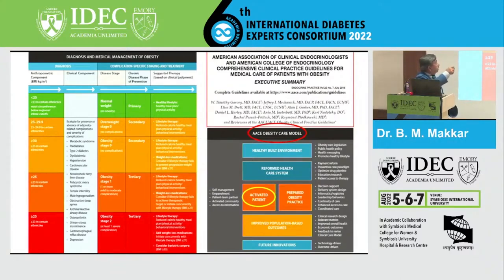If any of these is present, you define them again on the basis of presence or absence of disease. Stage 0 is when there is no complication, and you put them in secondary prevention mode. Stage 1 is mild to moderate complications, and you have to look at tertiary prevention. Stage 2, which is more than one complication, again goes to tertiary prevention.